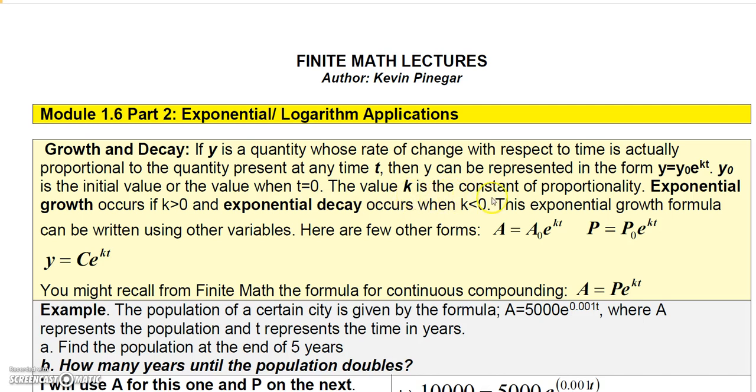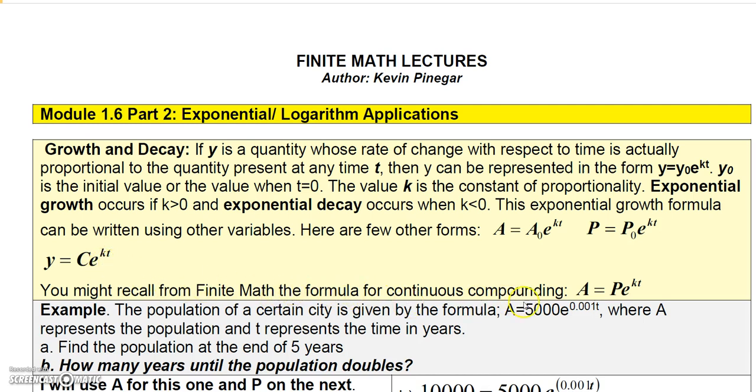The value k is called the constant of proportionality, and we say exponential growth occurs when k is greater than 0, and exponential decay occurs when k is less than 0. And this exponential growth formula can be written other ways. A few ways you might write it is a equals a naught e to the kt, p equals p naught e to the kt, or y equals c times e to the kt, where c is some constant.